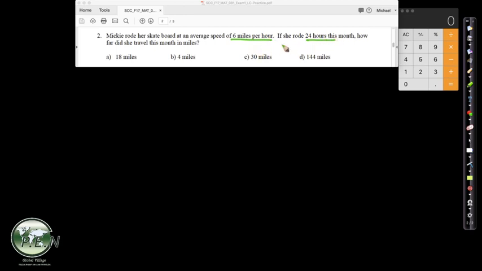So hopefully this suggests to you that to find the total value that she wants, we need to multiply the 6 miles for each hour times how many hours she was riding her skateboard. And so for 2, we're going to look at 6 miles per hour times 24 hours.